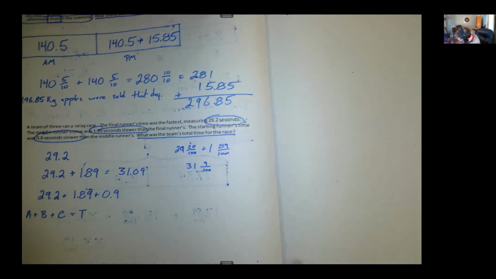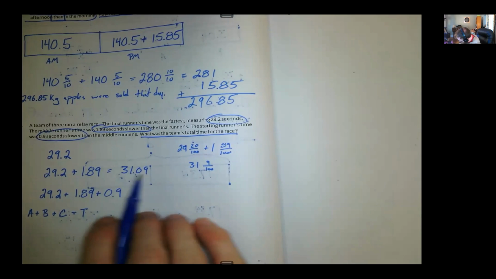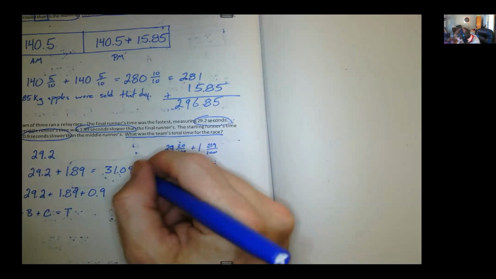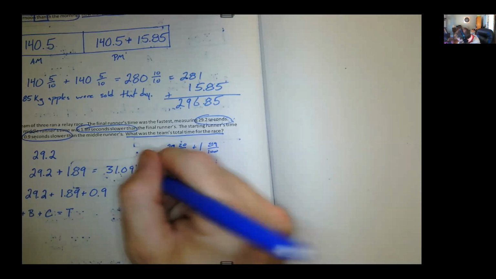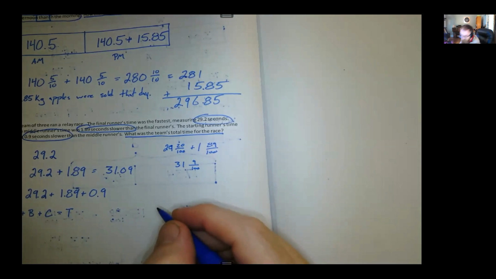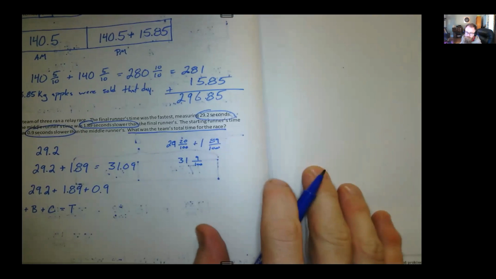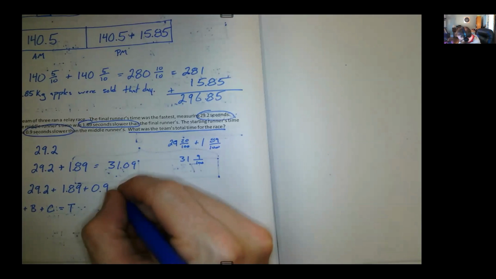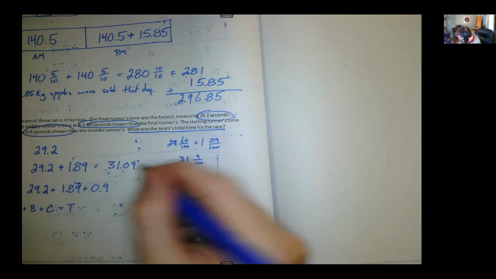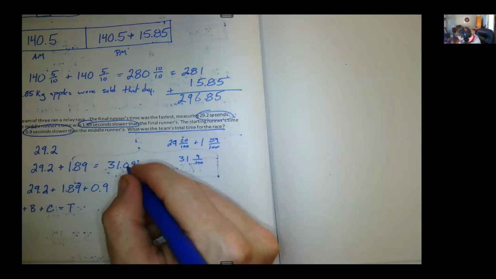A, the first runner, will be 31 9/100 plus another 9/10. Well, that's actually pretty easy to add mentally, right? We can do 31 9/100 plus 9/10. Well, we're going to put a 9 in the tenths place, add that to the 0.